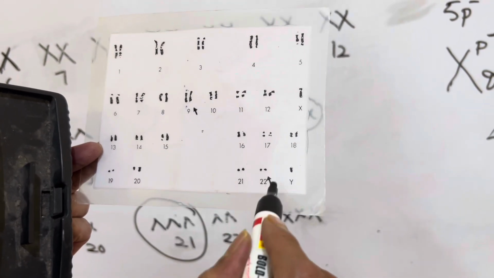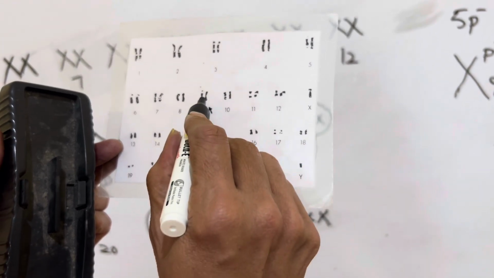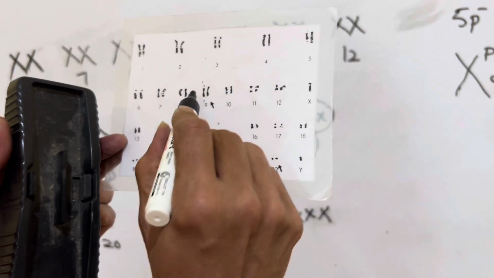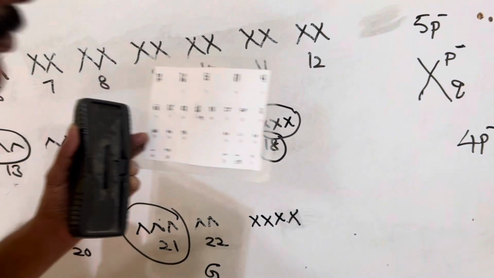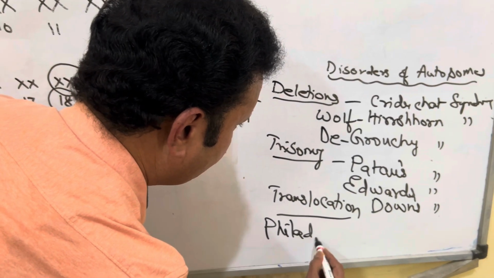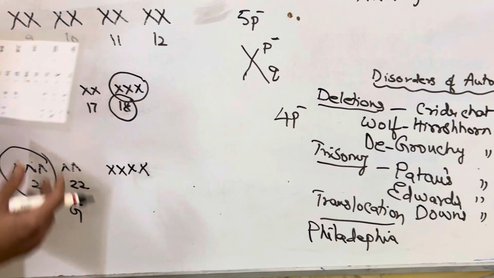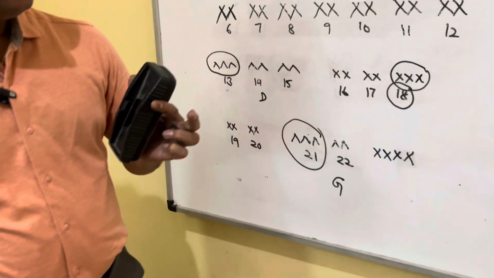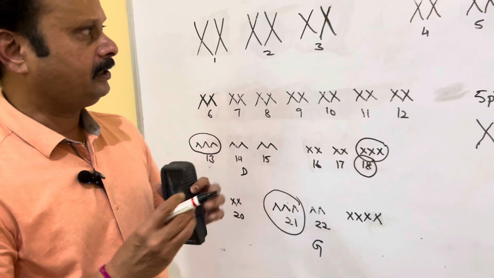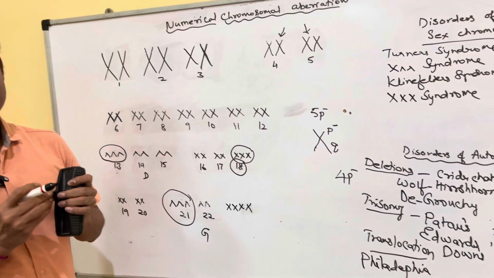That means one of the segments of the long arm will be added here. So that we call translocation, and this is called the Philadelphia chromosome, seen in chronic myeloid leukemia. This is all about the numerical chromosomal aberrations. Thank you.